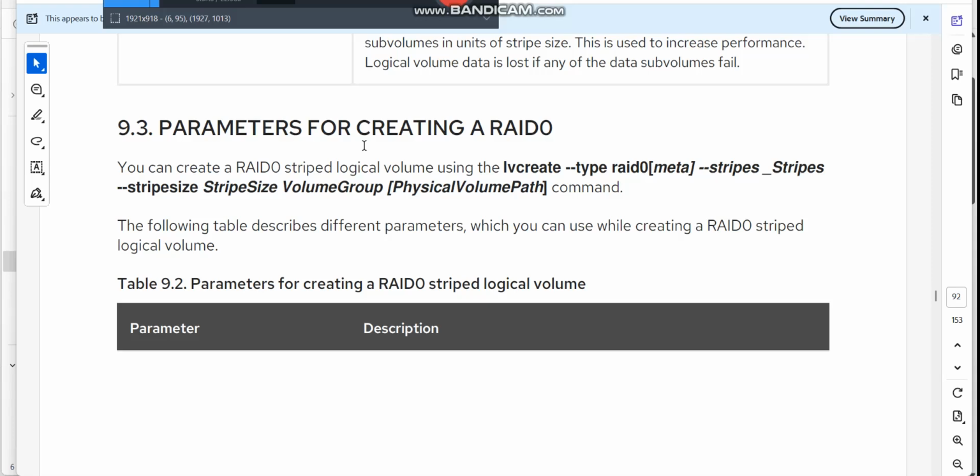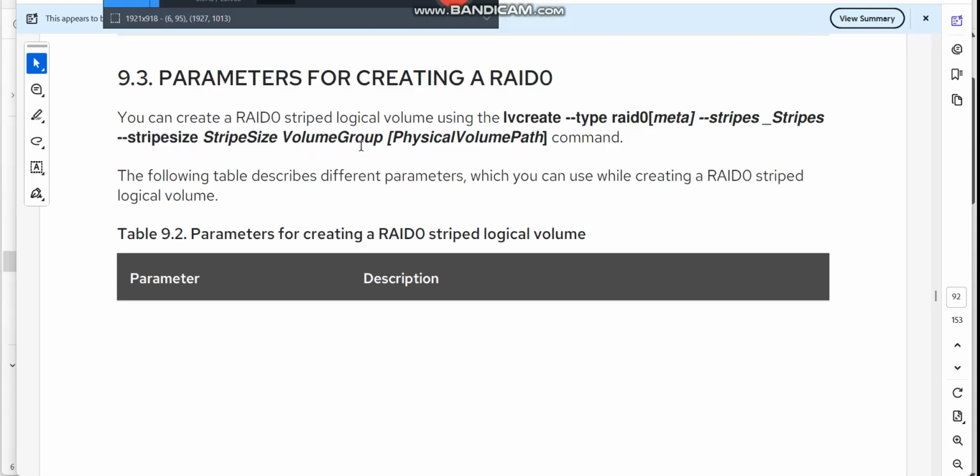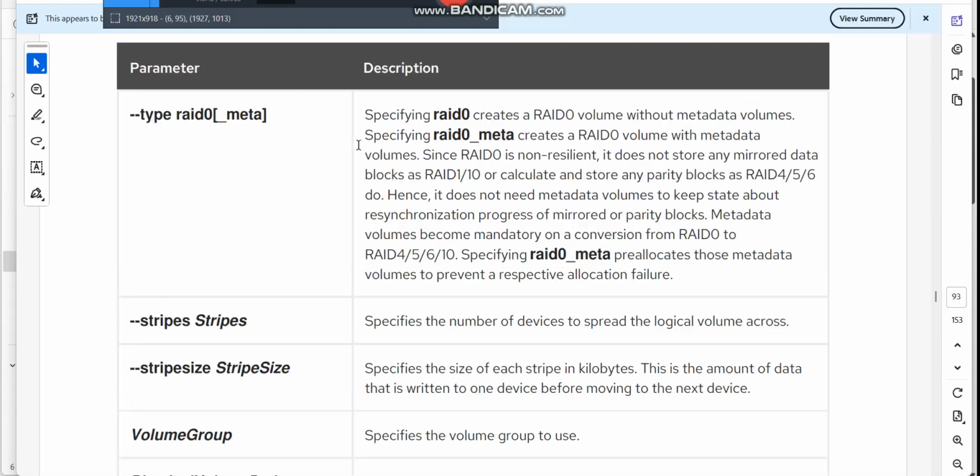The following table describes different parameters which you can use while creating a raid0 striped logical volume. Parameters for creating a raid0 striped logical volume. --type raid0[_meta]: specifying raid0 creates a raid0 volume without metadata volumes. Specifying raid0_meta creates a raid0 volume with metadata volumes.